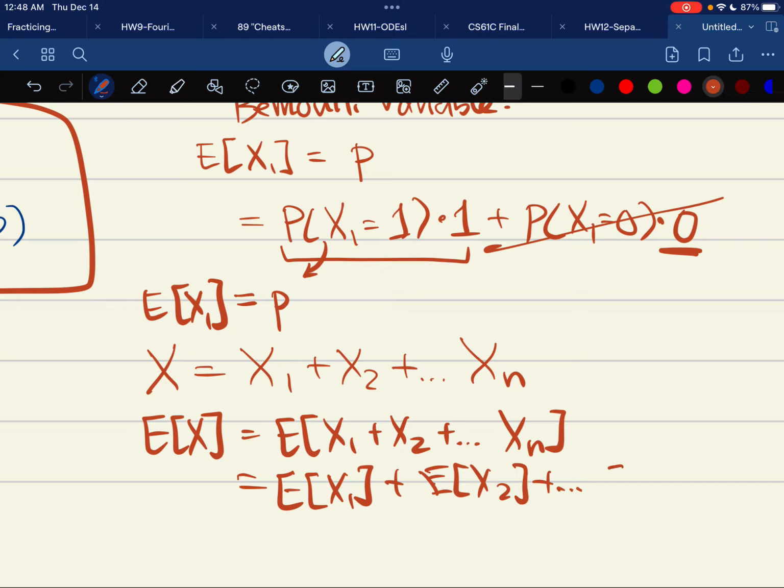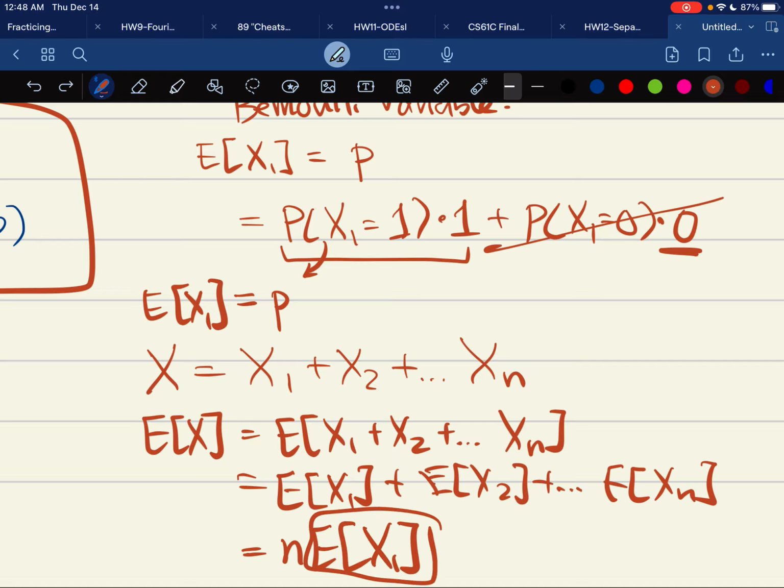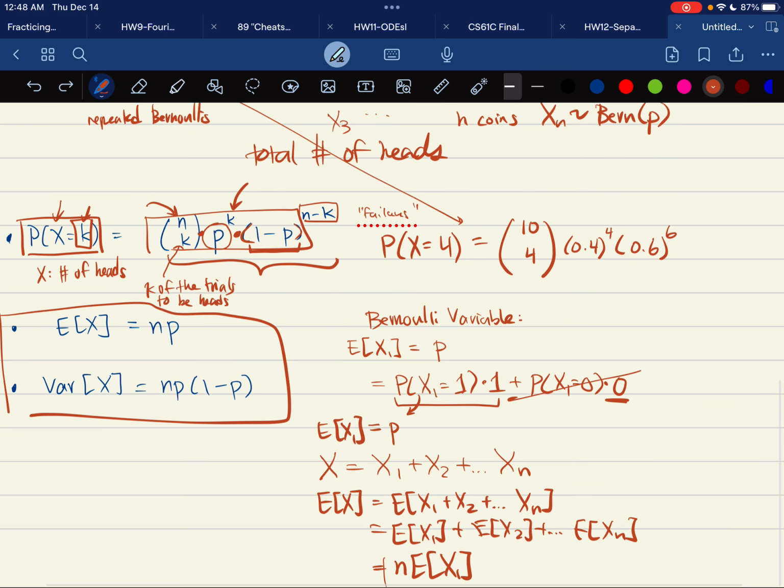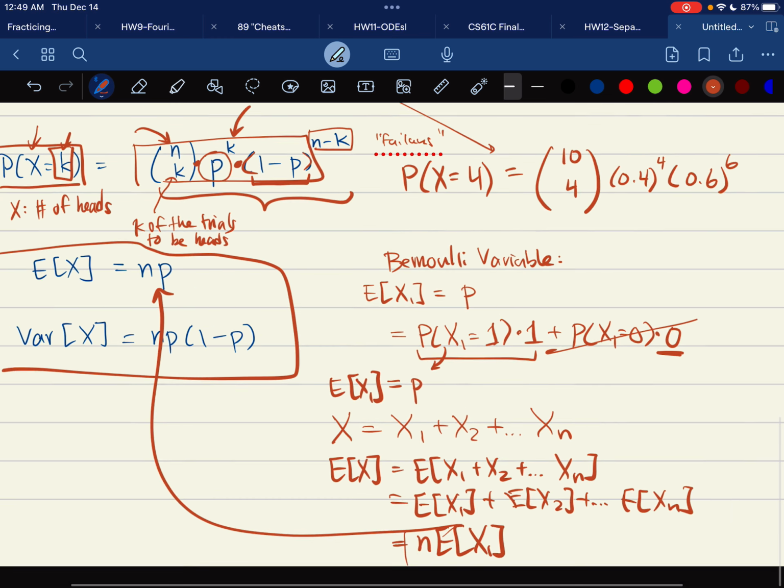And we know they're all identical, so we can simplify this to something like this. They all have distributions equivalent to x1, so we can simplify it to n times the expectation of x1, which we know to be p. And this is why the expectation of a binomial variable will be np.